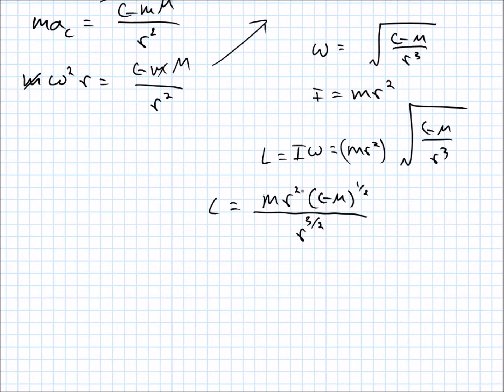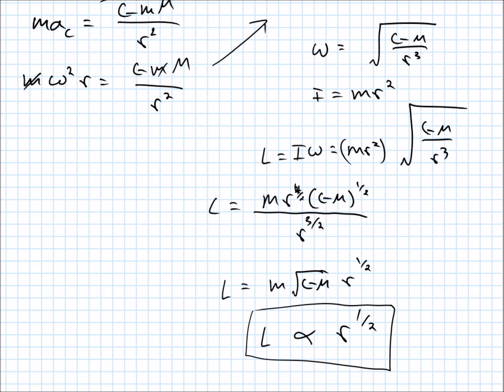This r squared is the same thing as r to the 4/2, and we're dividing by r to the 3/2, and so we end up with L equal to m times the square root of GM times r to the 1/2. Because r to the 4/2 divided by r to the 3/2 makes r to the 1/2. And so L is proportional to r to the 1/2 power.